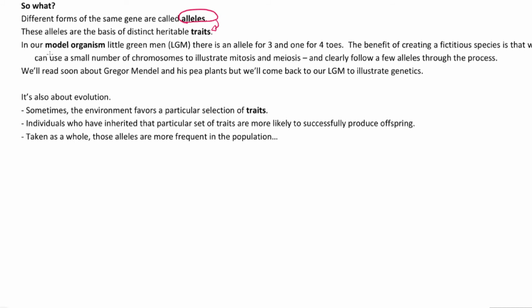Some are very complicated means of inheritance. I'm using this model system because we're going to look at it not just from the standpoint of mitosis and meiosis, but to see what happens with genetics. So we're going to talk about how particular traits are inherited.